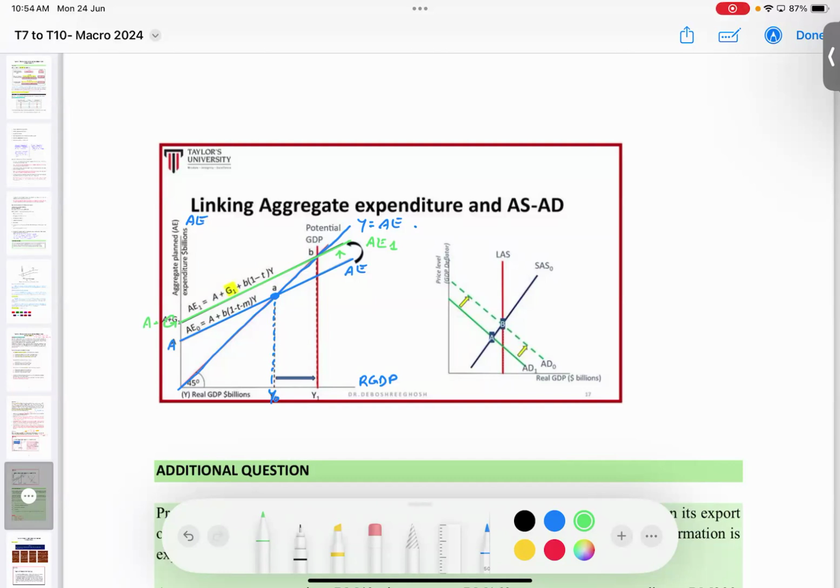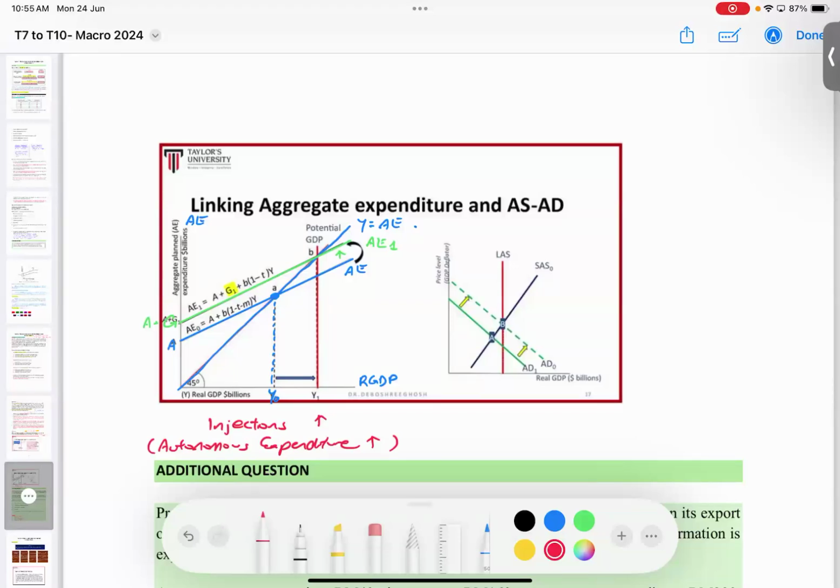So remember, as long as it is about injections, that means autonomous expenditure increases. It will shift the whole AE upwards.